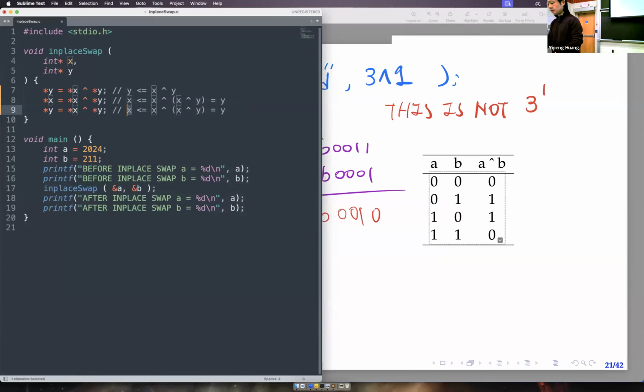The last line of code, we can work through what happens. Right, so that's what the line of code tells us it will do. But at this point, we know X has been plugged in to be Y.